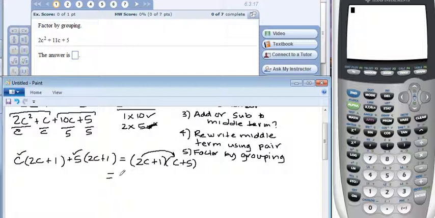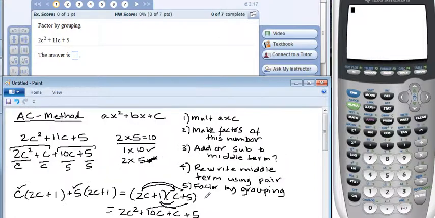We've got our 2c squared, we've got our 10c, we've got 1c, and we've got a 5. These two can be recombined for 2c squared plus 11c plus 5. And we are good to go.